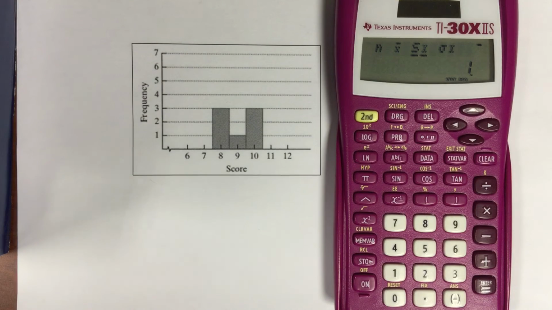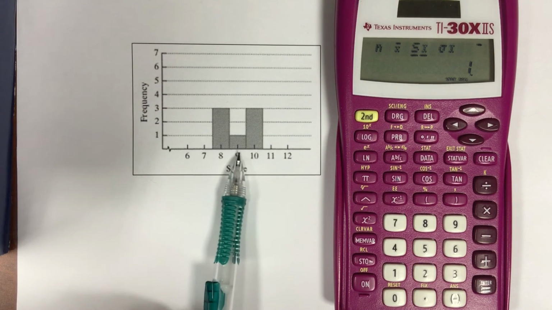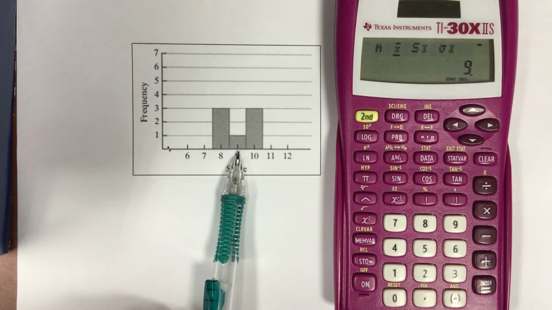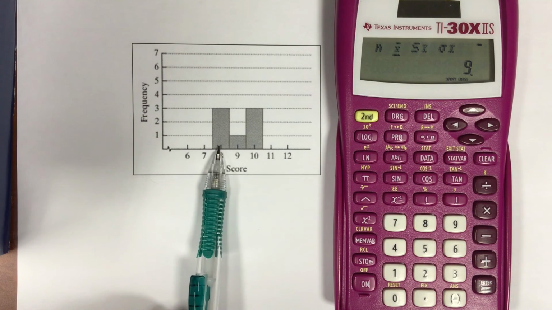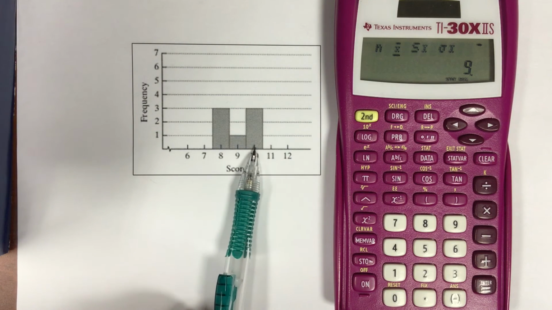And now when we hit stat var and arrow over to the SX, to the standard deviation, we can see that the standard deviation is 1. And that really is not surprising because if you think about it, 9 is right in the center of this data set. In fact, the mean is 9. That means that there are 3 data values that are 1 step below the mean, and there are 3 data values that are 1 step above the mean.